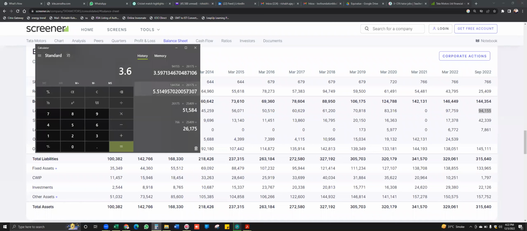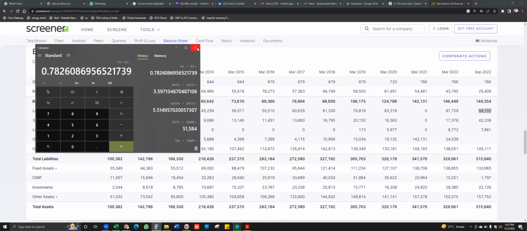Right, that will be 78. It is 3.6 divided by 4.6, because you know that equity will be 1. So obviously 78% is debt, so 22% will be equity. So we will take 78 and 22.